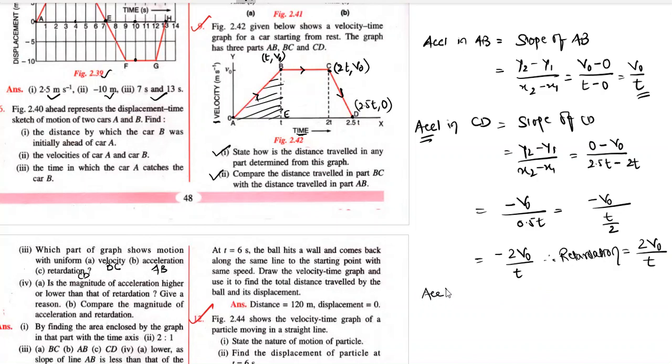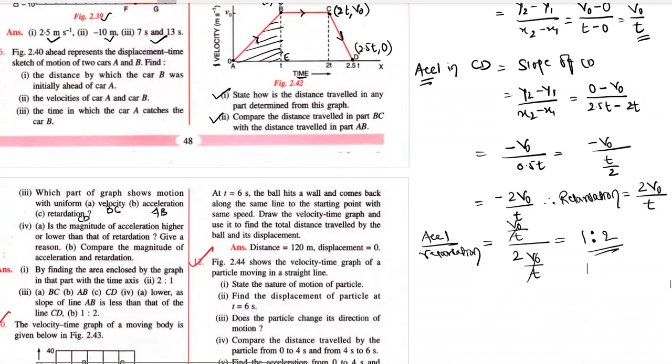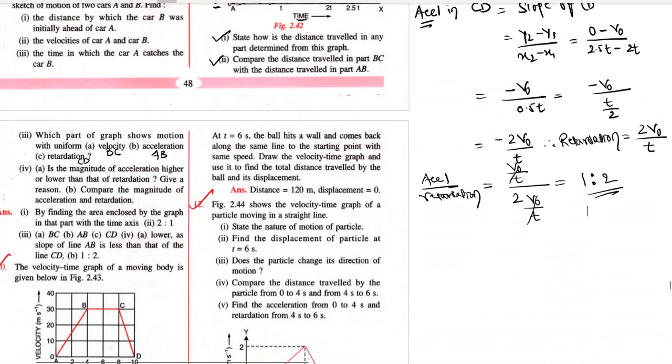So acceleration upon retardation is equal to v naught by t upon 2v naught by t. V naught by t cuts and you get 1 is to 2. So it shows that retardation is double the acceleration. 1 is to 2 is the correct answer.